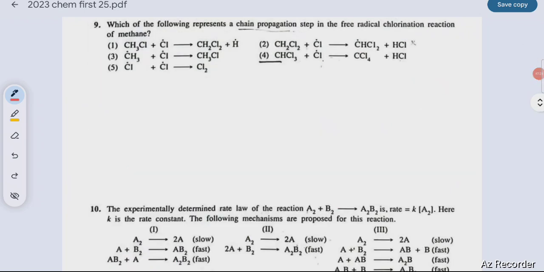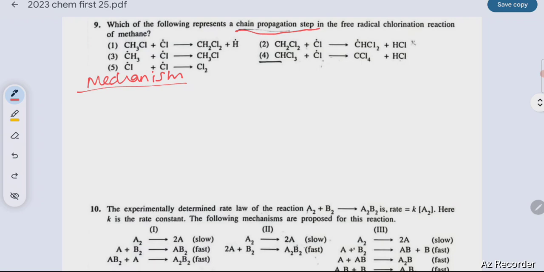9th question: which of the following represents a chain propagation step in the free radical chlorination reaction of methane? So this is the chlorination reaction of alkanes. If we take the mechanism, it has 3 types of steps: chain initiation steps, chain propagation steps and chain termination steps. So they are asking about a chain propagation step.